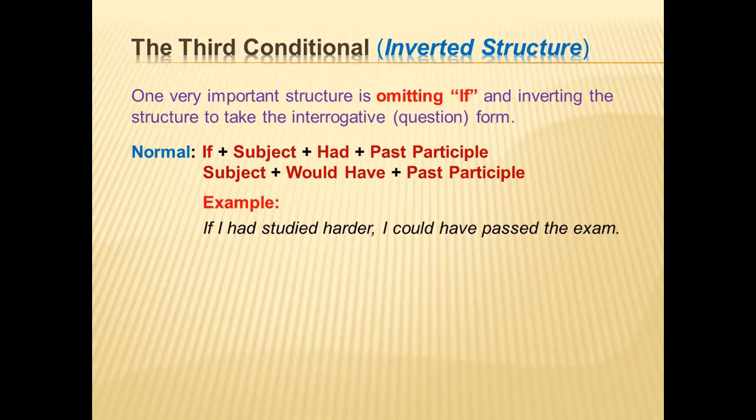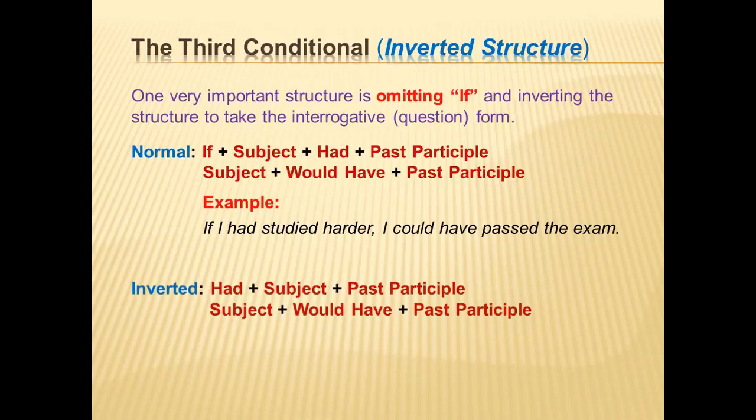For example, if I had studied harder, I could have passed the exam. You can invert it like this: had plus subject plus participle, and in the main clause you use subject plus would have plus participle.